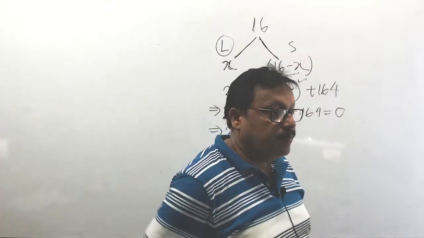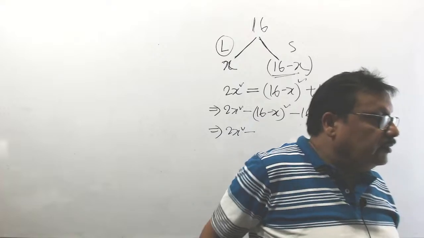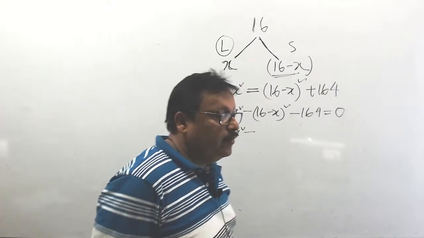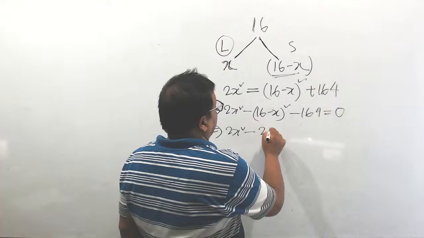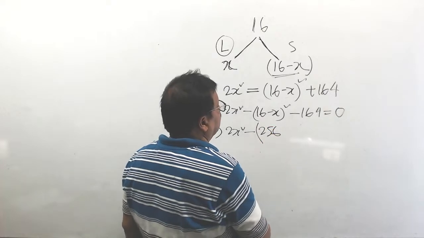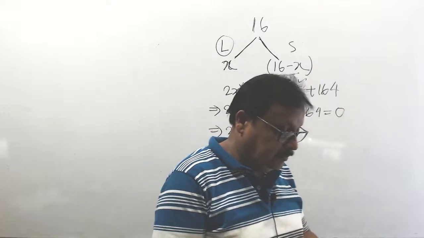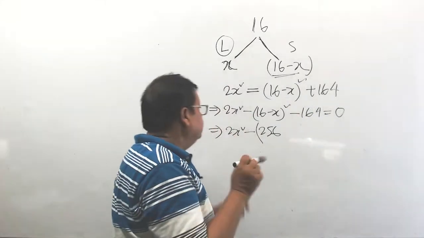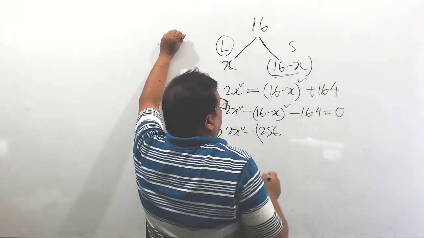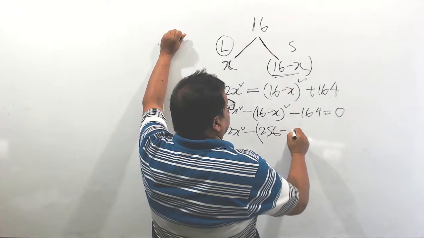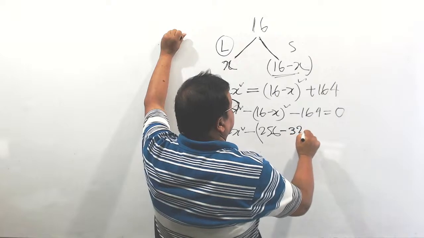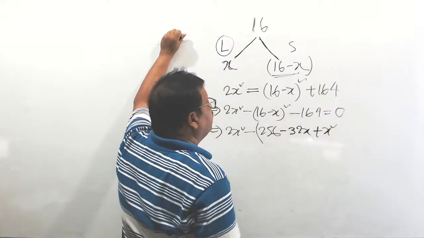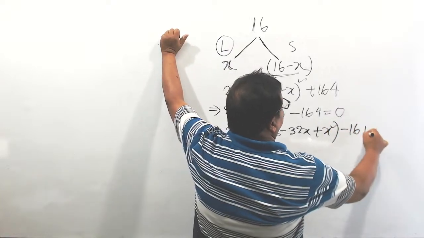16 square equal to what? 256 minus twice ab plus x square) minus 164 is equal to 0.